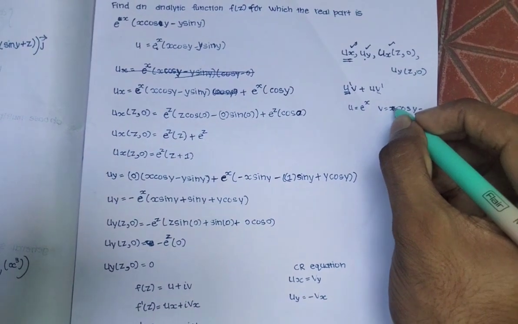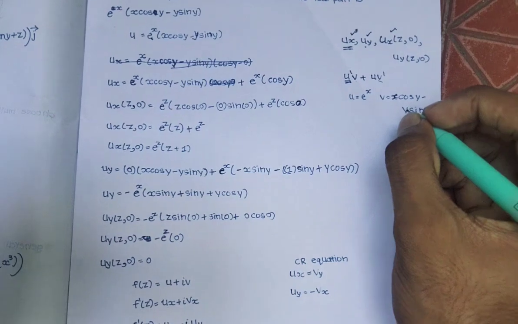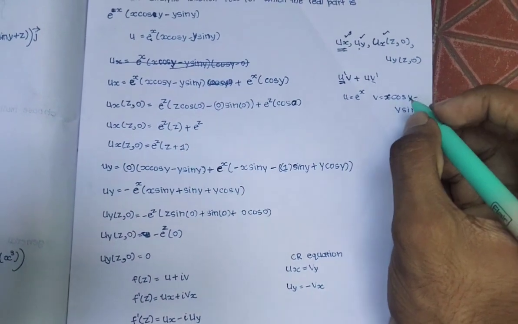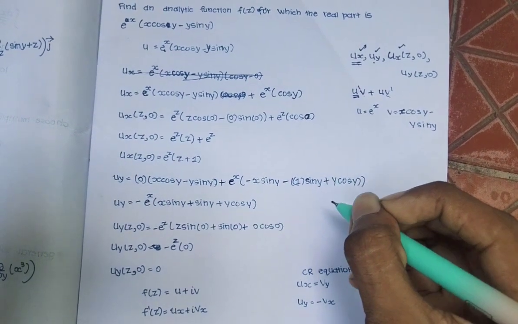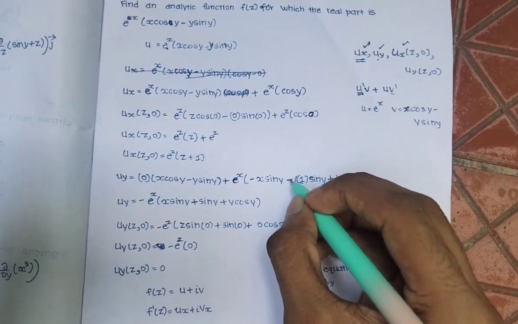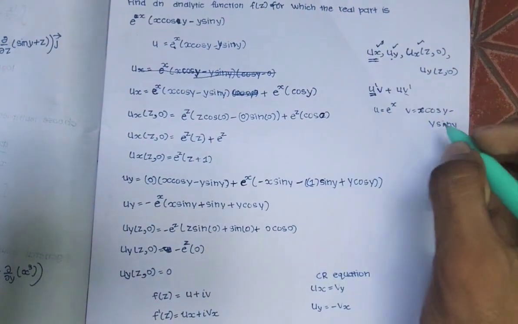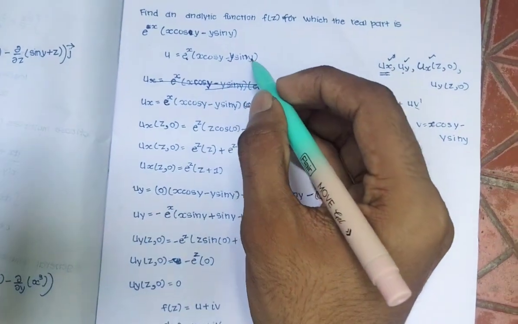Here x as it is, and the derivative of cos y with respect to y is minus sin y, so minus x sin y, minus the y sin y term that is already there.